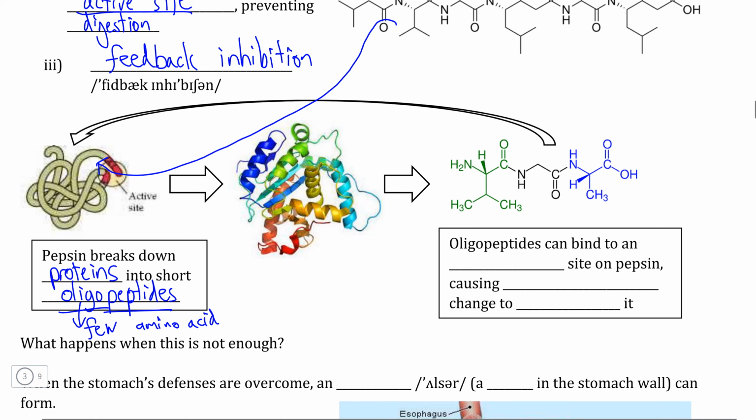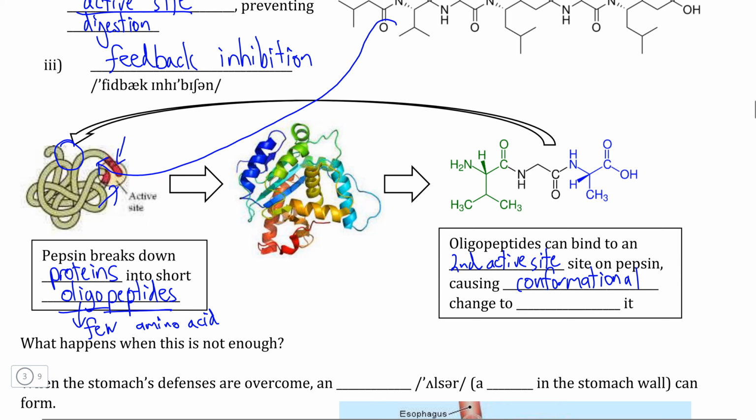Now, when these oligopeptides get close to pepsin, they will bind to a second active site located in a different location than the primary active site that targets protein for digestion. And when these oligopeptides attach to this secondary active site, it causes the folding on the surface of pepsin, what we call the conformation of pepsin, to change.